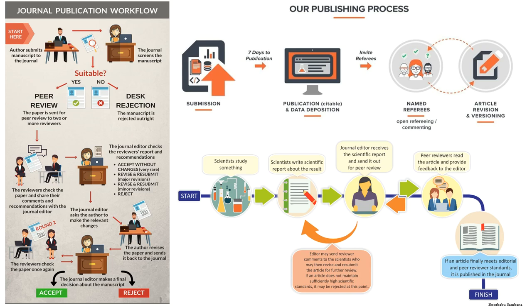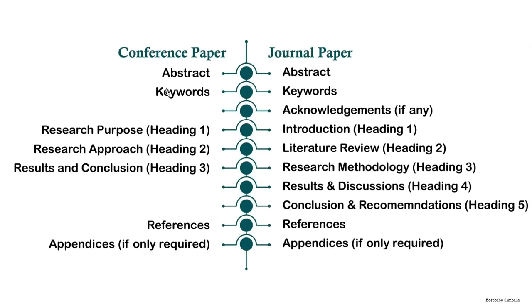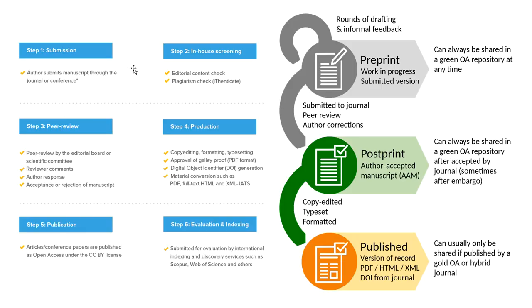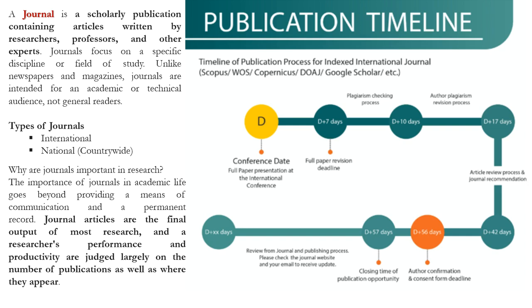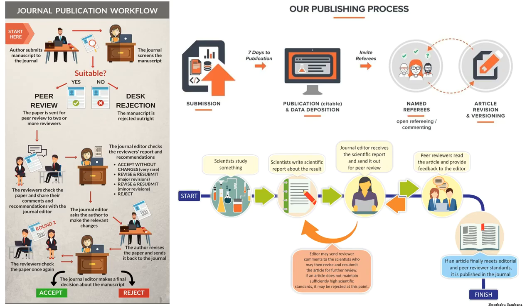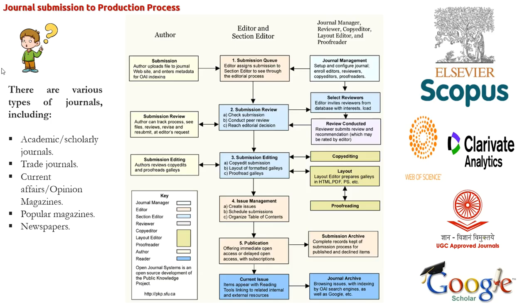In this video you have a clear idea about what a journal paper and conference paper are, the production stage from submission to evaluation and indexing, preprint, postprint, and publication manner, the publication timeline, what a journal is and how many types of journal there are, the journal publication flow and publishing process, the journal submission to production process, and the significant work done during the production process.